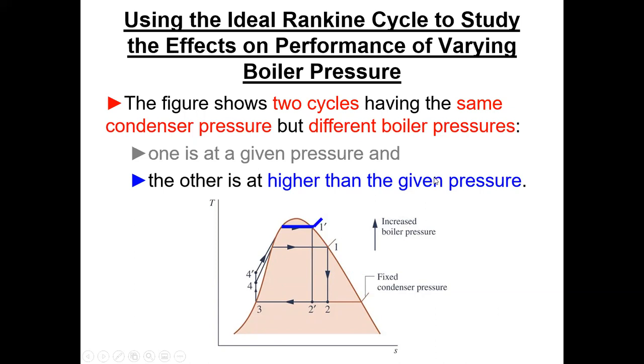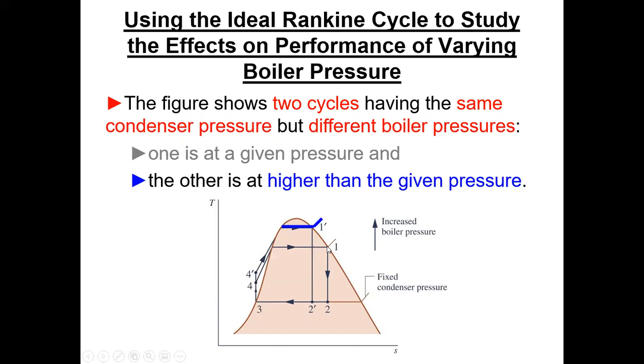You can look at the areas under the curves to see. The theory is going to tell you that we get an increase in efficiency because of the average temperature during the heat addition. In the initial cycle, the heat is added from 4 up to the saturation dome and over to 1.